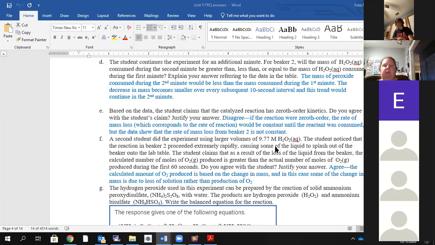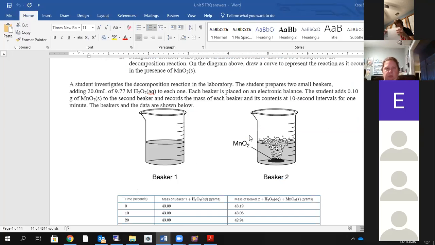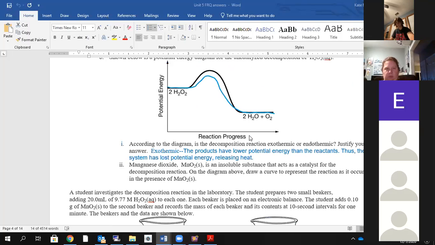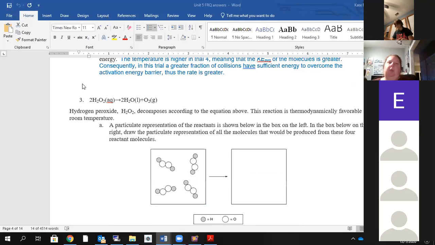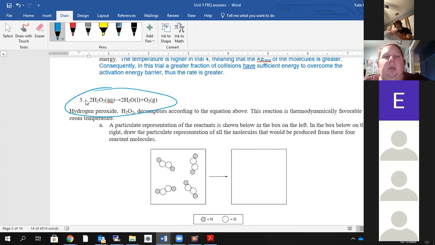Yes, that would be true. So if we're thinking about the reaction, did they give us a reaction written out? They do. So if we think about this reaction, I am decomposing the hydrogen peroxide into oxygen.